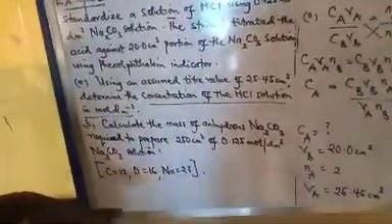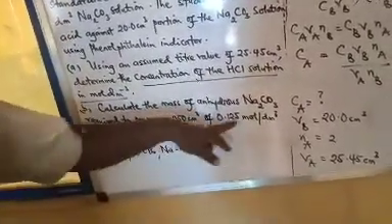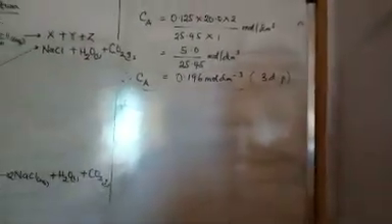Then look at the next question. Calculate the mass of anhydrous Na2CO3 required to prepare 250 cm cube of this solution. What do we do in that situation? Students, should I leave it as assignment for you because we've done 2 today, or do we do it together?